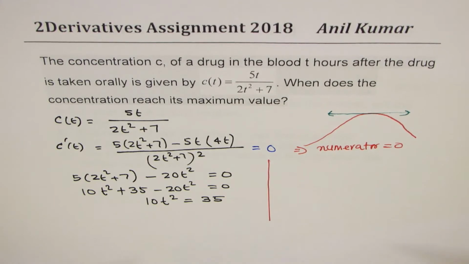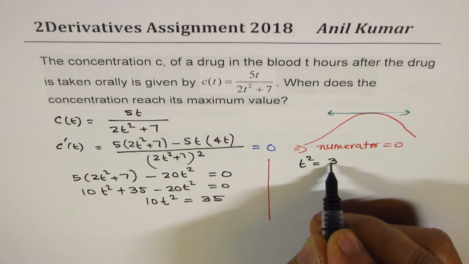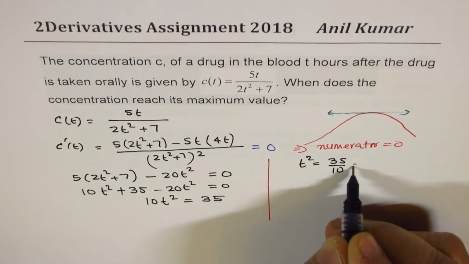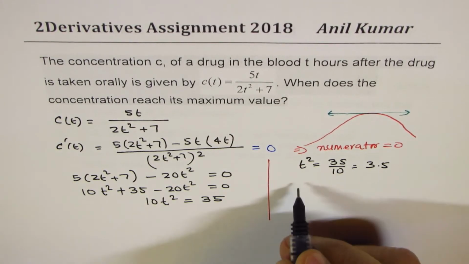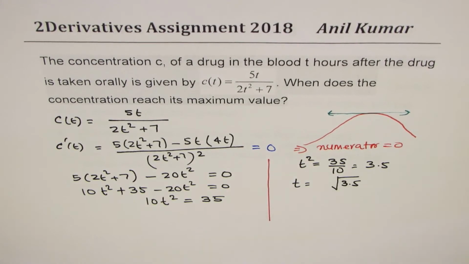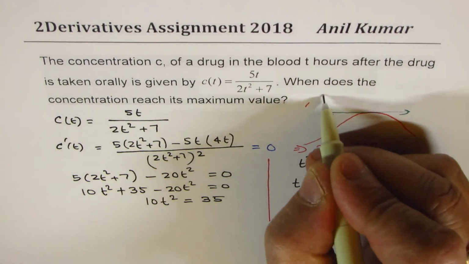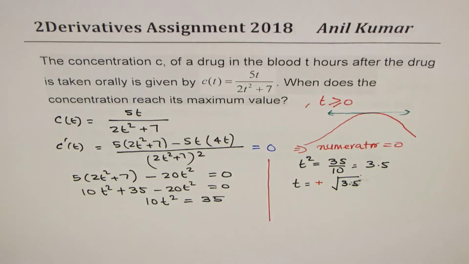Okay. So that means that t squared is equals to 35 divided by 10, which is 3.5, or t is square root of 3.5. Now we are going to take only the positive value, since in such cases t is normally greater than or equal to 0, right?